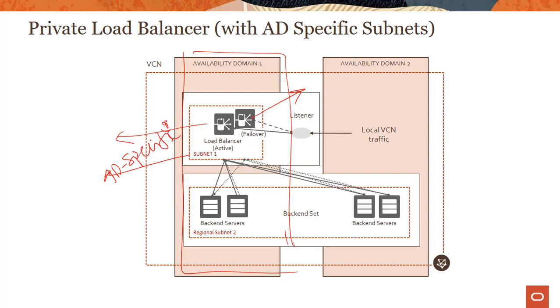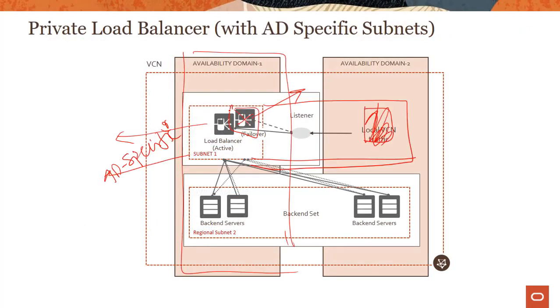So hopefully now you can see why we advise you to create a regional subnet, so we can create the failover copy in another AD. If you have an AD specific subnet, with a private load balancer the failover copy gets created in the same AD.